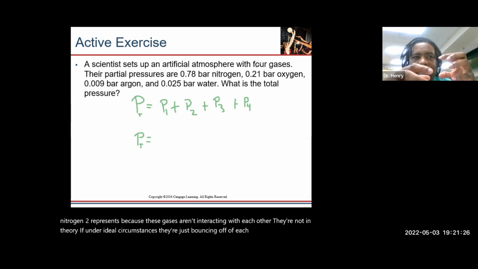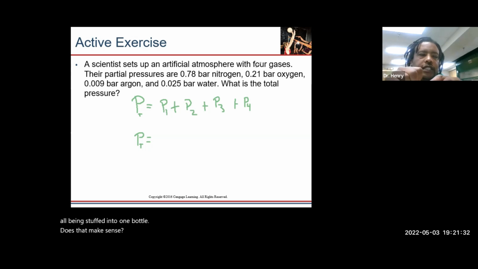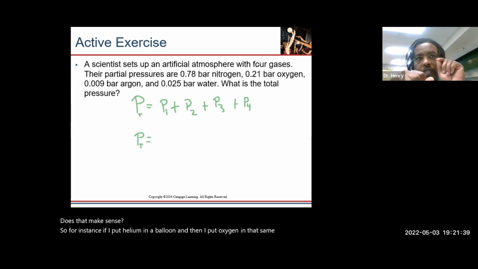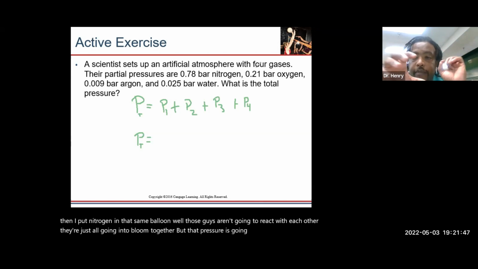They're all just being stuffed into one bottle. Does that make sense? So for instance, if I put helium in a balloon, and then I put oxygen in that same balloon, and then I put nitrogen in that same balloon, those gases aren't going to react with each other. They're just all going into a balloon together, but the pressure is going to increase because I keep adding to the balloon.